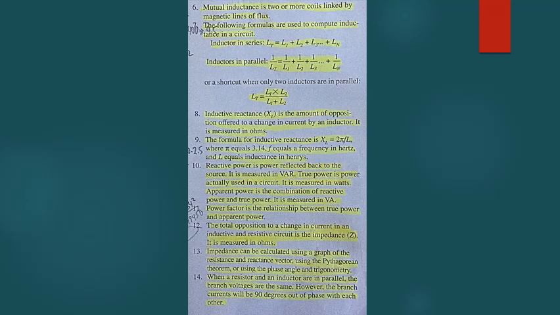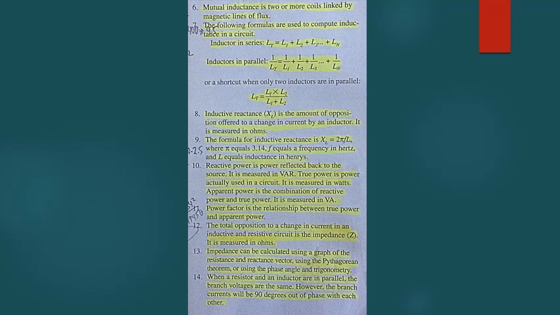The total opposition to a change in current in an inductive and resistive circuit, RL circuit, is the impedance, Z. It is measured in ohms.